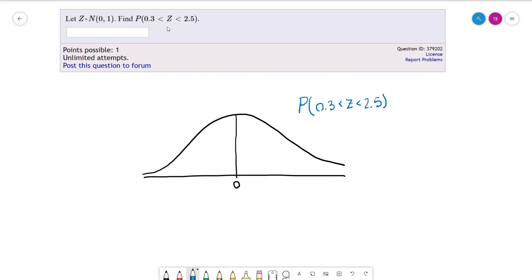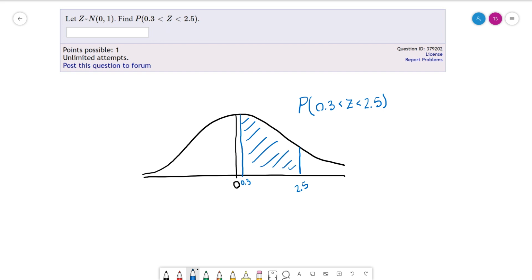So let's sketch out that region. 0.3 is quite close to 0, so let's say it's right there. And then 2.5, that's much further away. So we want this region here.